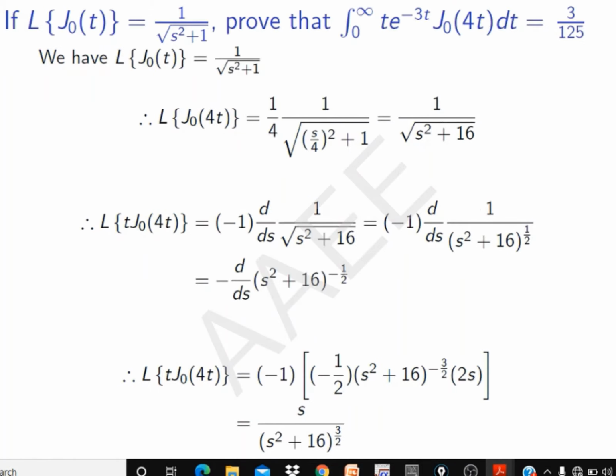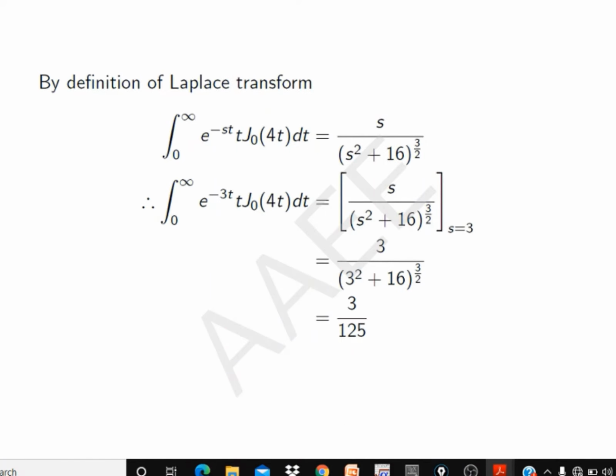Okay, so this is the Laplace transform of t j0 of 4t. Next, by definition of Laplace transform, this is the integral from 0 to infinity of e raised to minus st t j0 of 4t dt, equal to s upon s square plus 16 raised to 3 by 2.